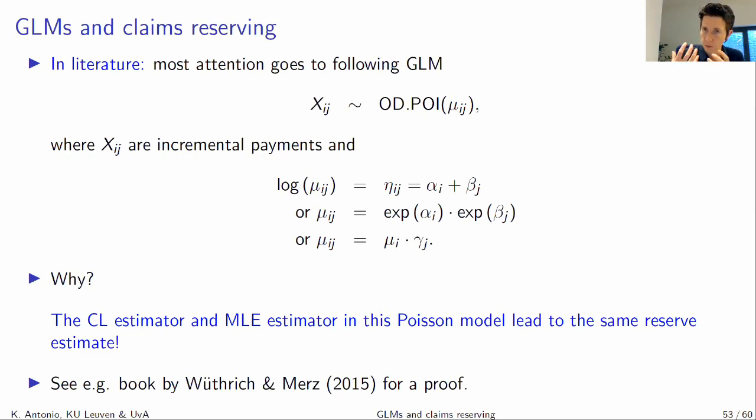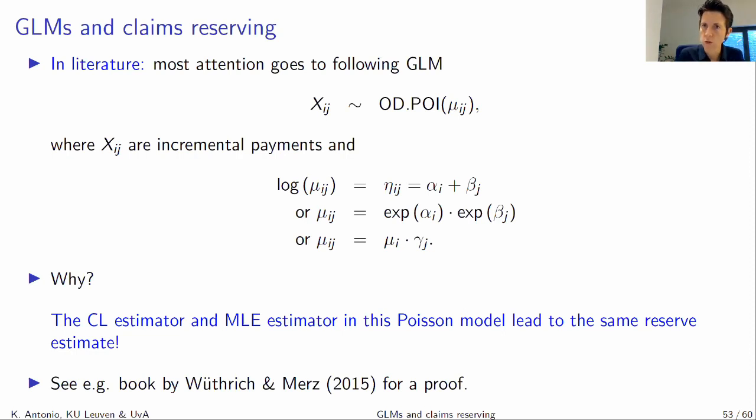And we also have the machinery from maximum likelihood estimation that we could use to do our estimations and to assess uncertainties. This is a first advantage of using the GLM, because then you do not have to rely on this Mack type of calculations to come up with a measure of uncertainty.